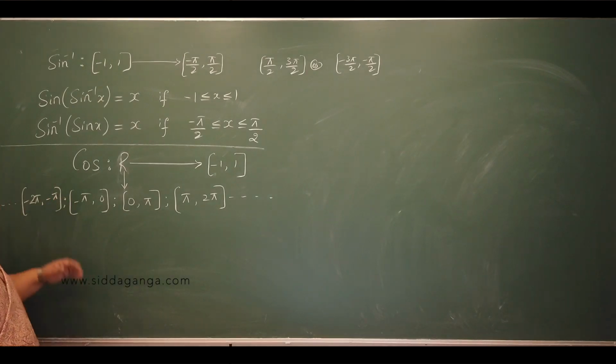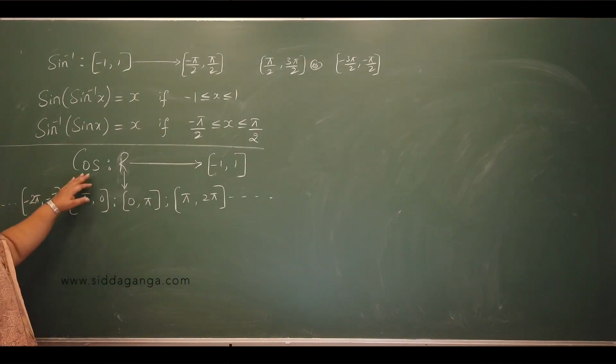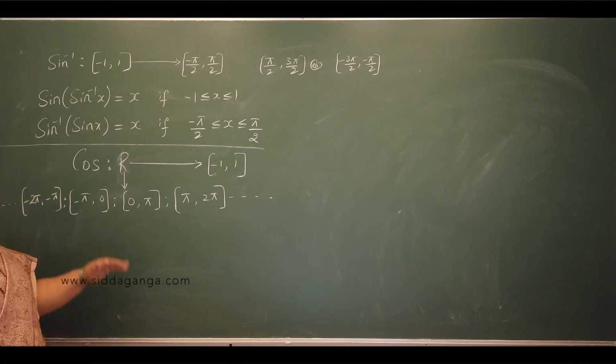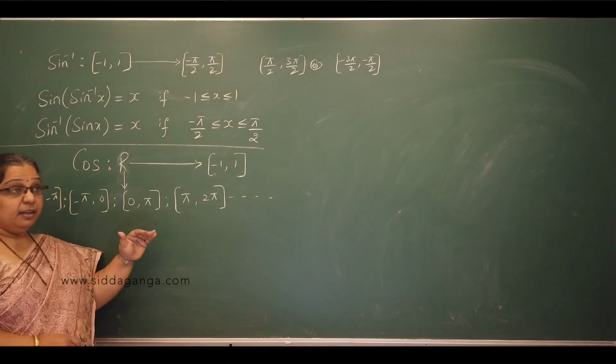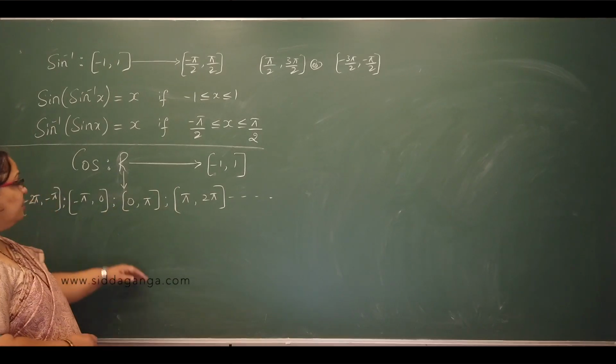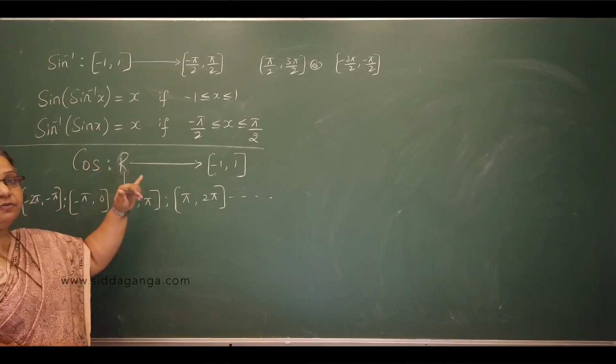So in each of these intervals, the cosine function becomes a bijective function, and hence to each interval we can define the inverse of the cosine function.